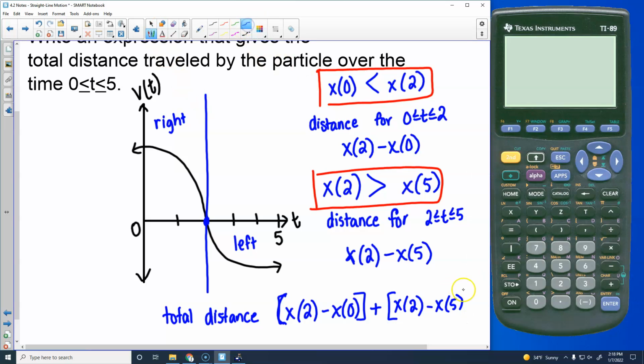This expression here would give us the total distance that we have traveled. The question on the assignment that goes with this is multiple choice, so you wouldn't be coming up with all of that from scratch. You just have to reason through which one's correct. Okay, questions?